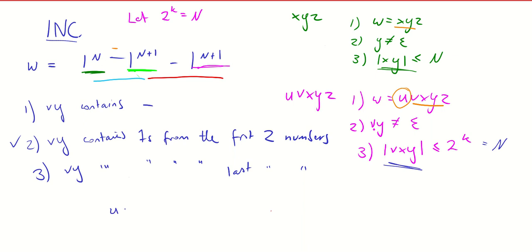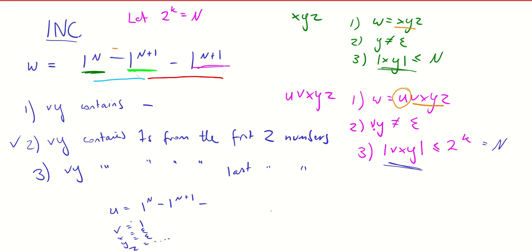So let me just spell out what it would have been. So if we had said u is equal to 1 to the n dash 1 to the n plus 1 dash, v is equal to 1, x is equal to empty, y is equal to empty, and z is equal to the rest of the word.